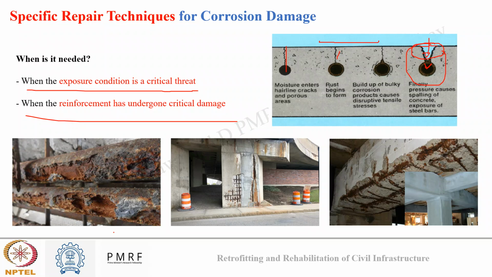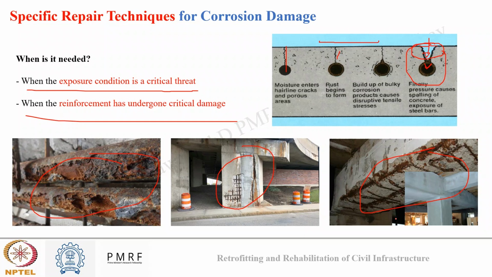In the images here you can see a structure near the shoreline in a spalling zone, and we can see how much erosion has occurred. In this image you can see a bridge where severe corrosion damage has occurred, and in this bridge deck the complete surface has been spoiled. So here just concrete repair won't be sufficient.